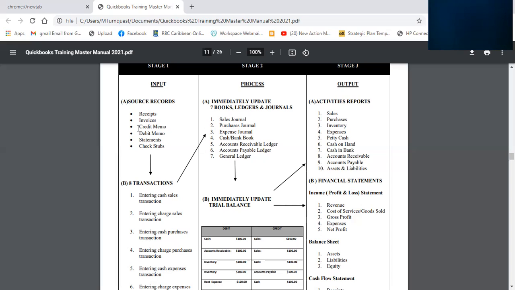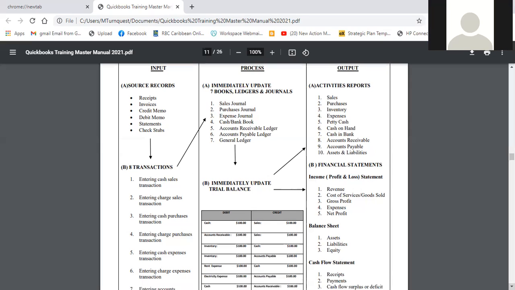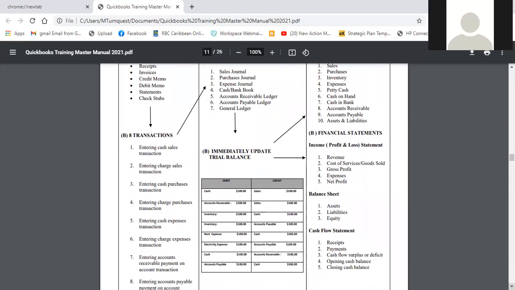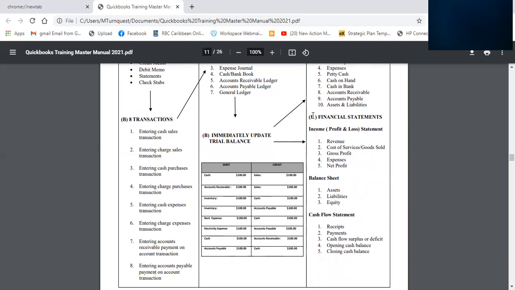All these 10 reports you're getting, QuickBooks does immediately in 1 second. That's why CPAs don't like it. The transaction, QuickBooks automatically updates everything. And of course, finally, QuickBooks updates the financial statements right there.